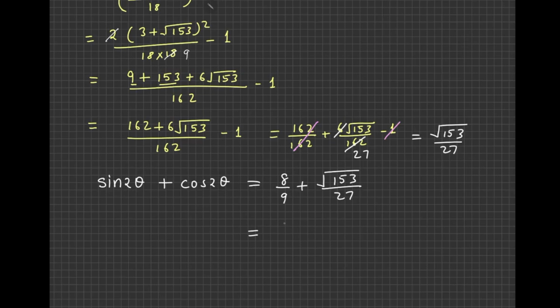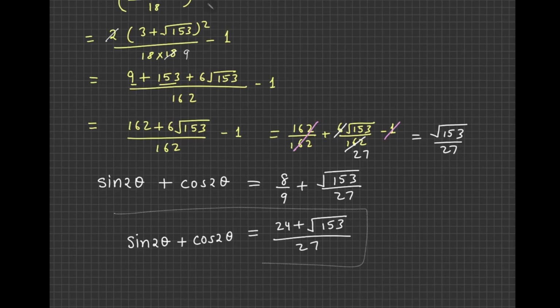What does this give us? This gives us 24 plus square root of 153 divided by 27. Sine 2 theta plus cosine 2 theta. And here's our full and final answer.